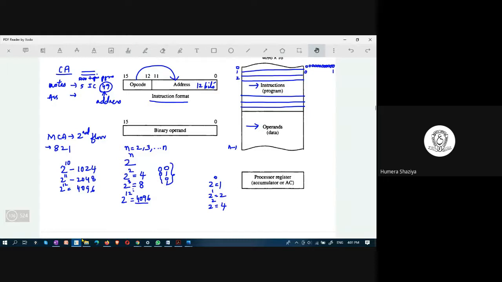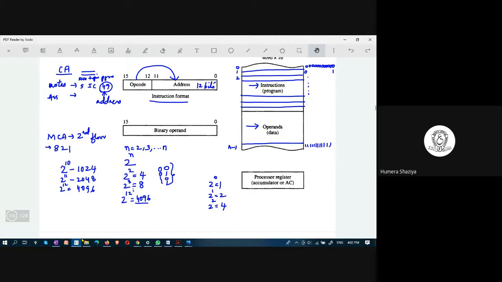Like that, you go on taking these combinations, and finally you would get all ones. So this is the last address.